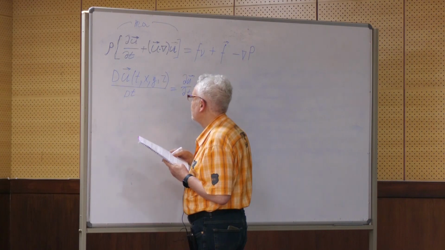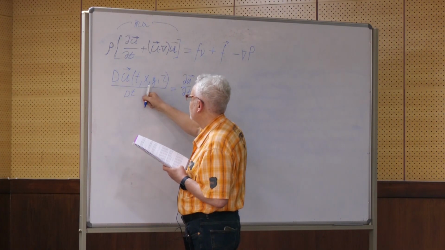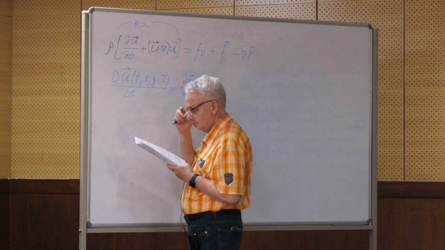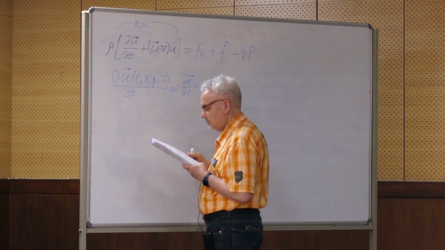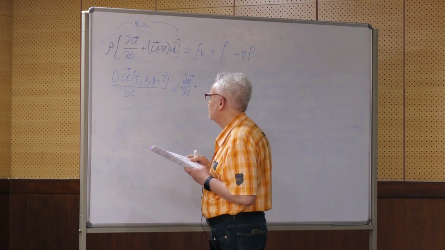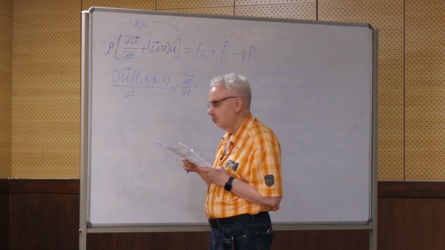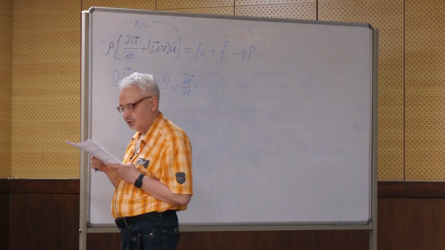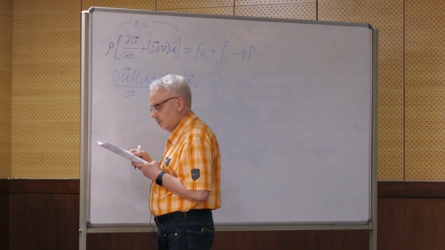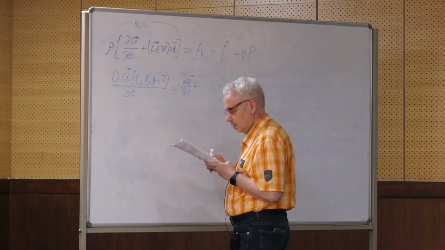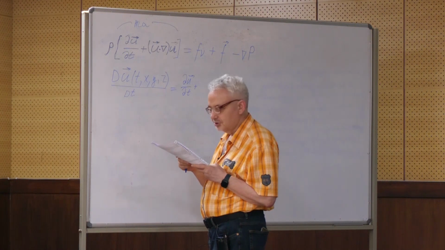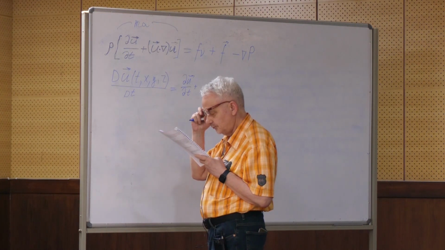Then we proceed further. We take the derivative with respect to x, and this x is also dependent on time somehow. By definition, if we take this derivative of x with t, we are receiving the x component of the velocity field.